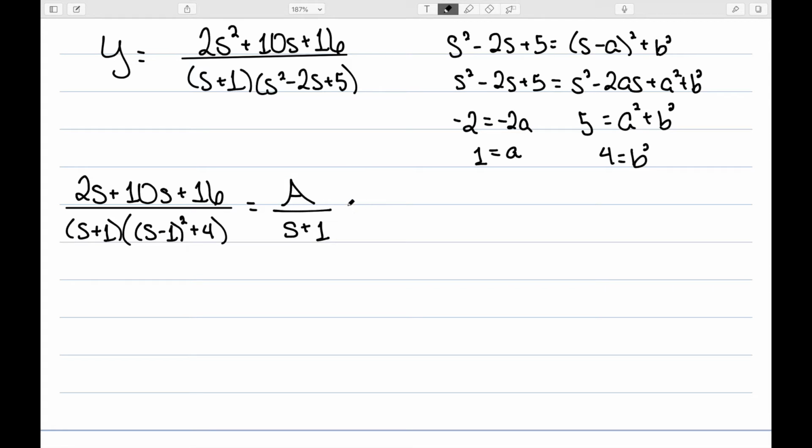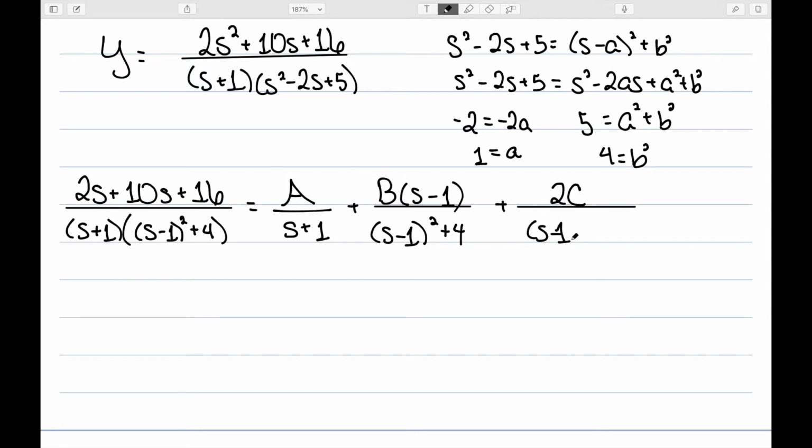The fact that this is a quadratic term means I'm going to need a term that says B times s minus 1 over s minus 1 squared plus 4. I also am going to need a 2C since b is 2, over s minus 1 squared plus 4.